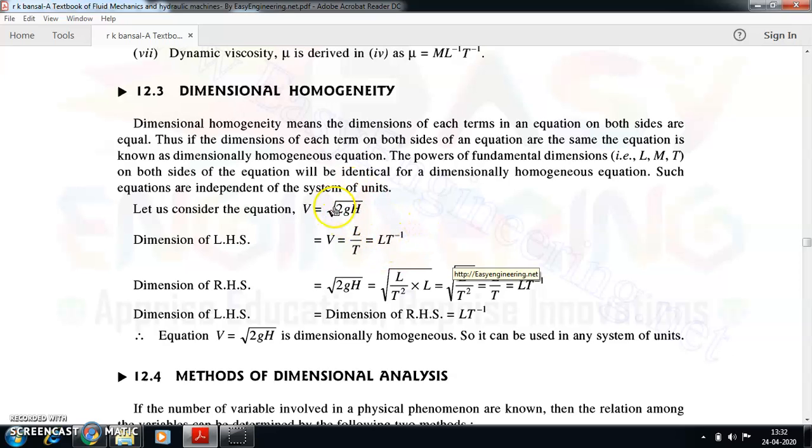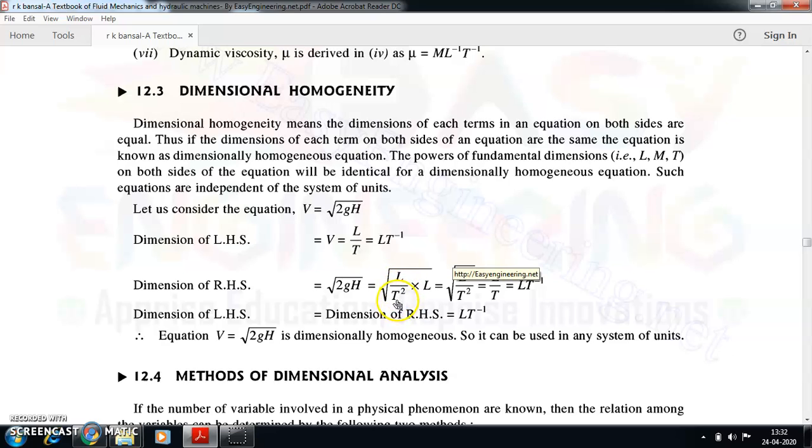Now come to the right hand side. It is root of 2gh, root of 2 into g into h. 2 is a constant, you don't have any fundamental entity for it. g is the acceleration due to gravity, so L by T to the power of 2, the rate of change of velocity, so velocity divided by time.